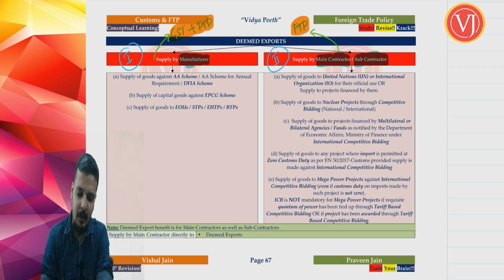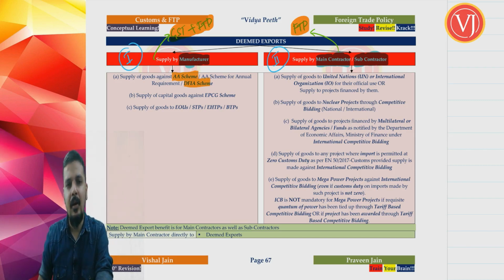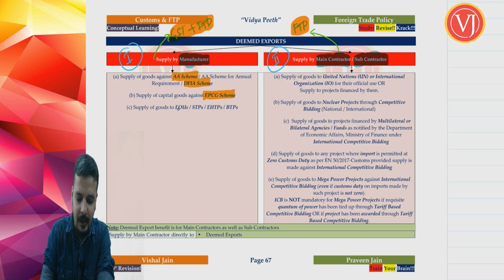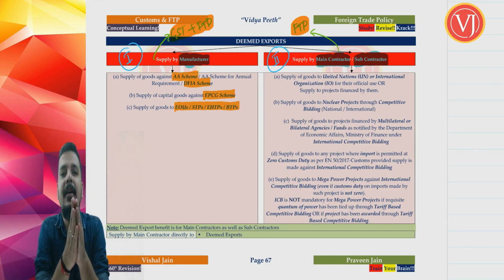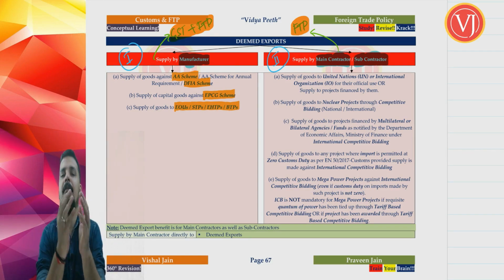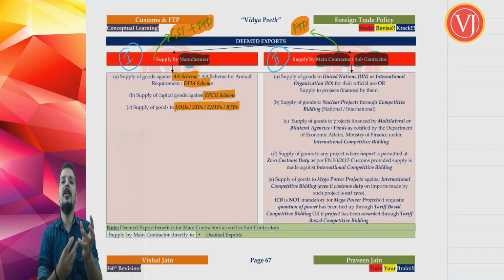Supply of goods against advance authorization scheme, including advance authorization on annual requirement or duty free import authorization scheme, or supply of capital goods to EPCG authorization holder, or supply of goods, including inputs as well as capital goods, to EOU, EHTP, STP and BTP. Friends, this is nothing but deemed exports in your GST also. Rather, you have to understand it this way: deemed exports in GST was taken from your foreign trade policy, but only the first part.